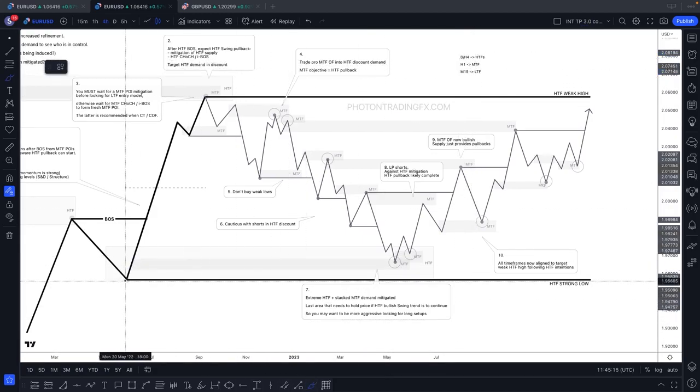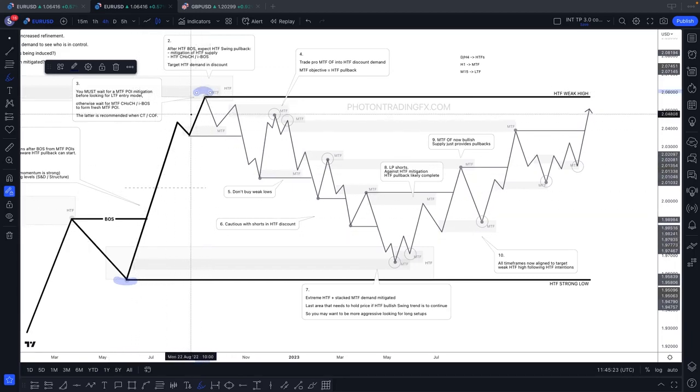So for example, on this diagram, imagine this is the H1. Let's combine H1 with M15. This can be the H1 or H4, it's not a big difference, it's just a time frame lag. So when we have an H1 change of character, what do I expect?